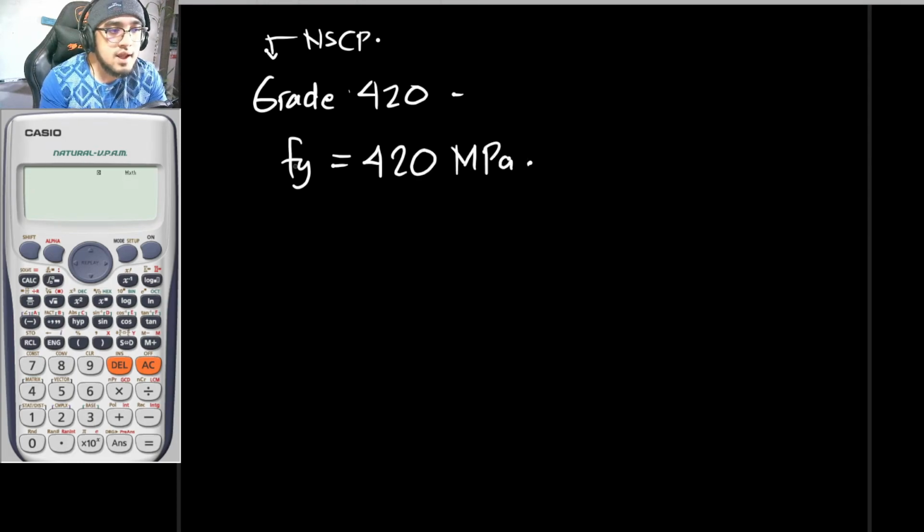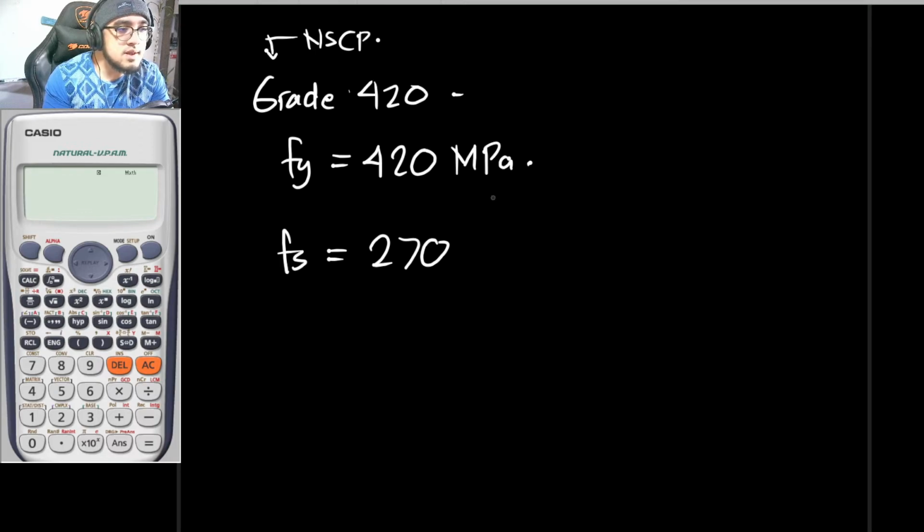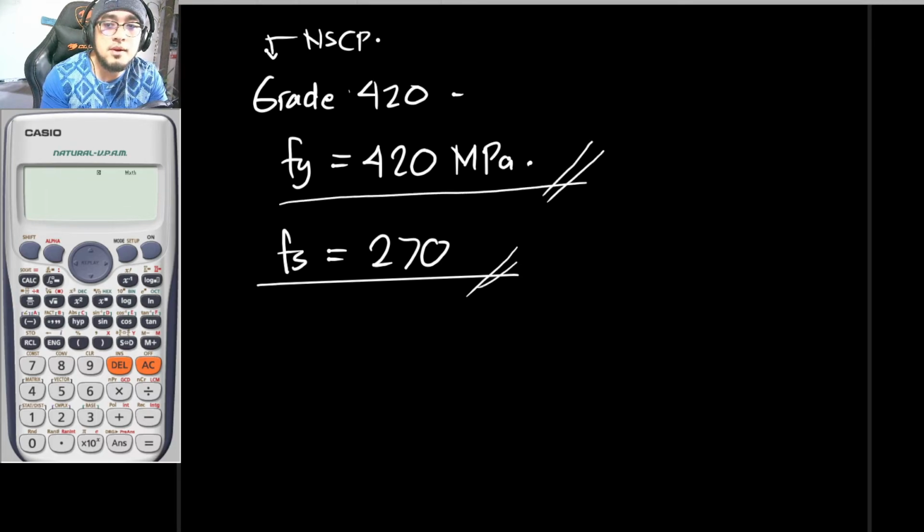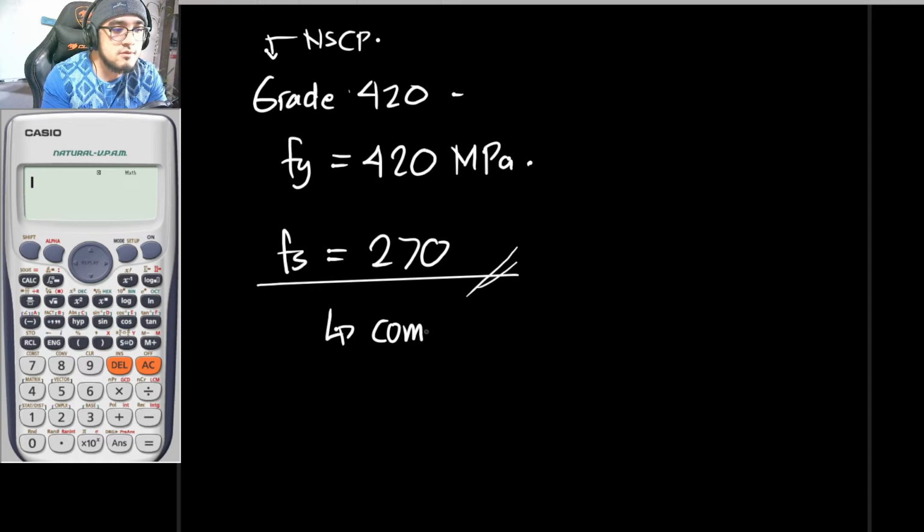For example, the Fs that you have solved is equal to 270. It means that it is less than Fy. So you would be using this, because your steel can handle 270. The thing is, if Fs is less than Fy, it means that this is compression controlled.